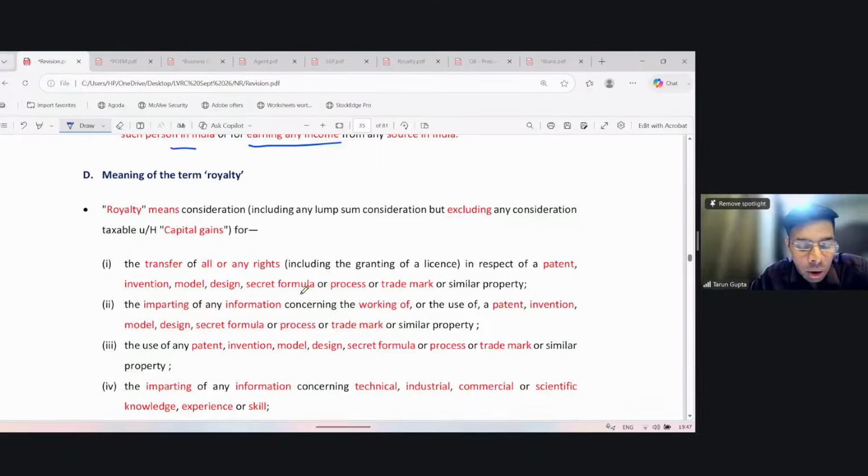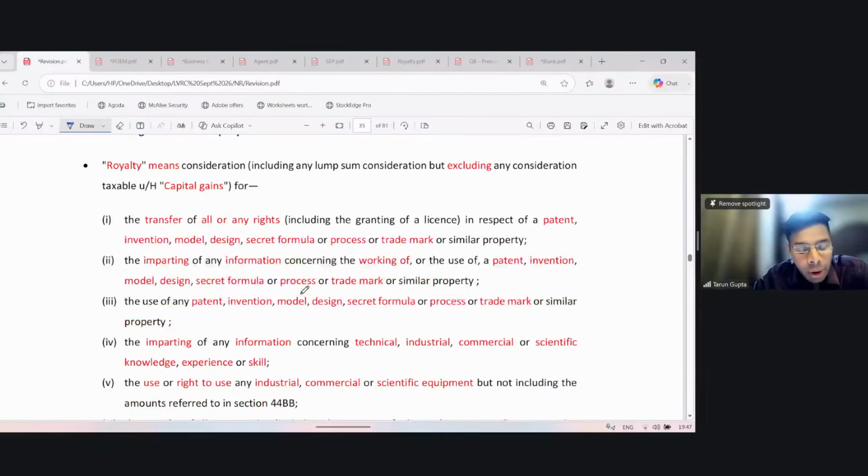Meaning of royalty. Royalty means consideration, including lump sum consideration, but excluding any consideration taxable under capital gains, for transfer of all or any rights, including granting of license, in respect of patent, invention, model, design, secret formula, process, trademark, or similar property.